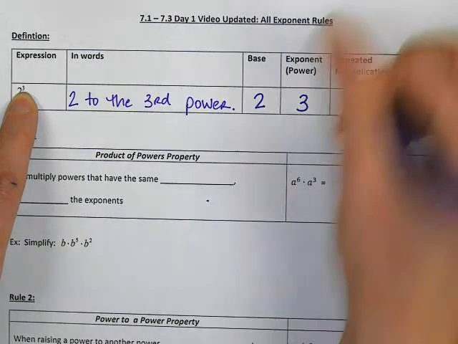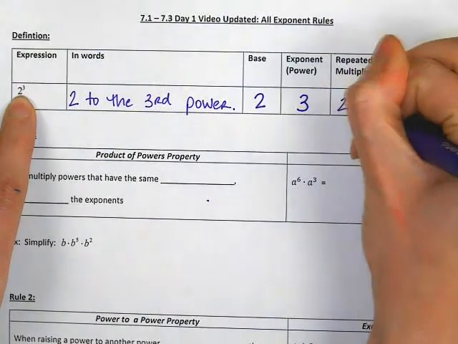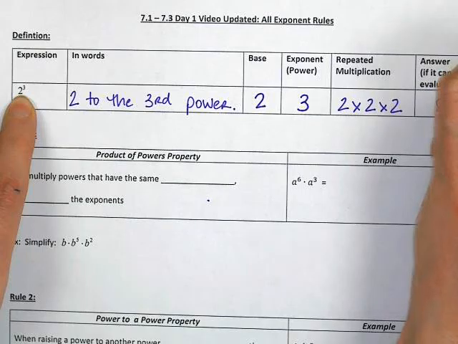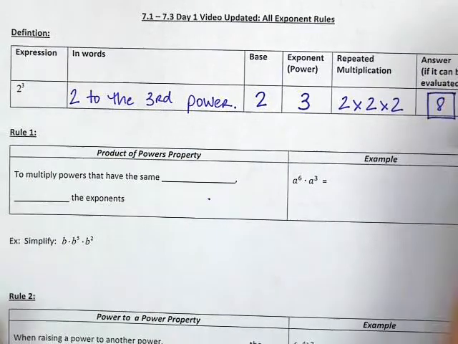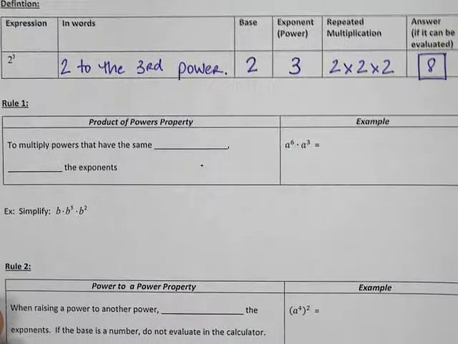And what it really means is repeated multiplication, 2 times itself 3 times. So 2 times 2 times 2, and the answer is 8. Not 6, 8. So 2 to the third power, 2 times 2 times 2.